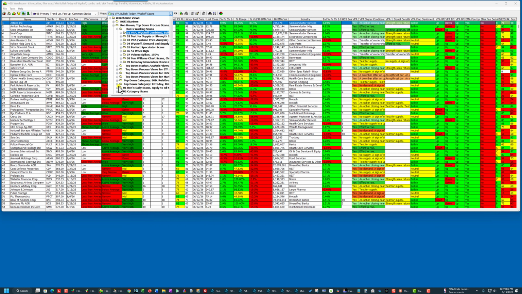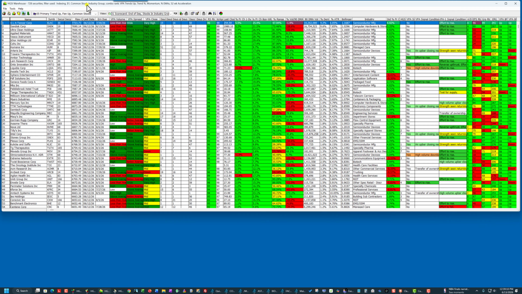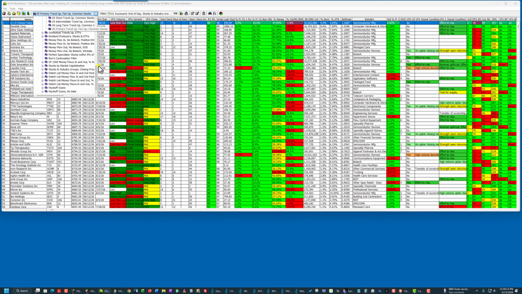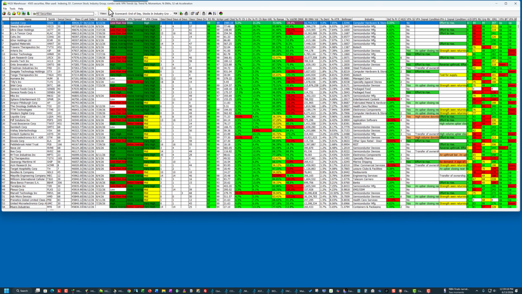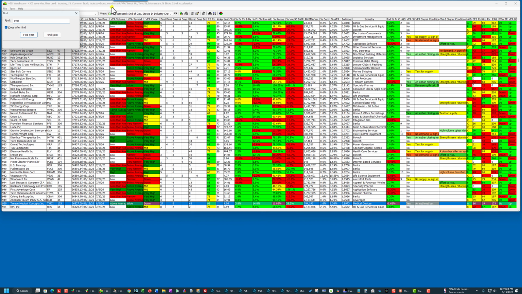I'll go down here to Ron's daily scans and go to scorecard, because that lets all the stocks in that have groups. I need to get out of primary trend and go into all securities. And I'm going to TMCI. Darn it. Terrible typist.